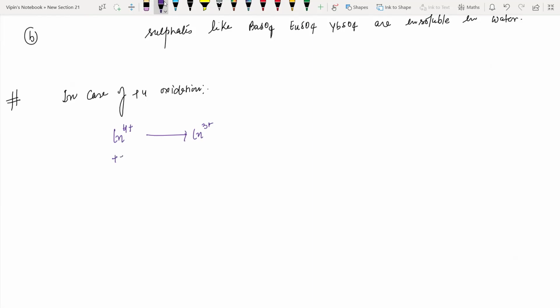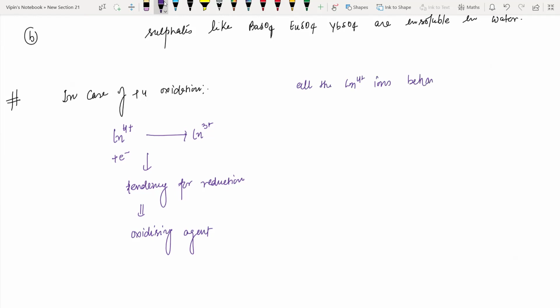So it has a tendency to get reduced. All the Ln4 plus ions have a tendency for reduction, right? Reduction means they behave as oxidizing agents. So here we can say that all the Ln4 plus ions behave as oxidizing agents, right?